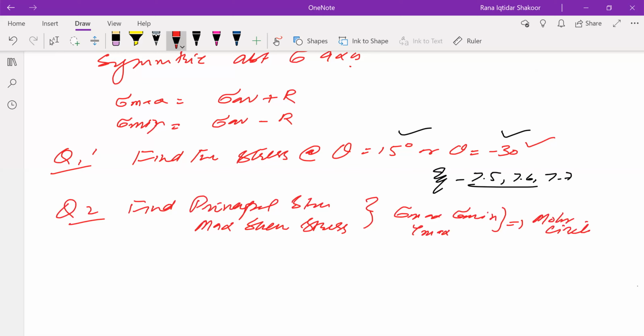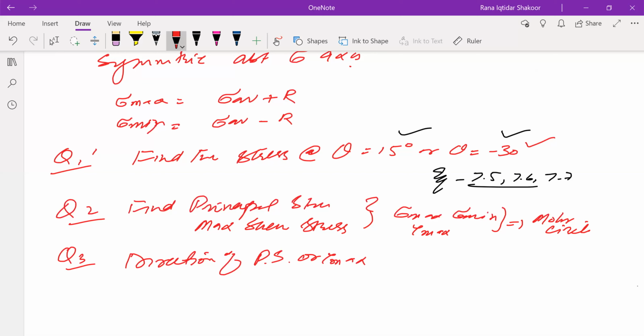Now, the third important question: determine the direction of the principal stresses, and or tau max values. Direction means you need to calculate what theta will give your maximum normal stresses as well as shear stresses.